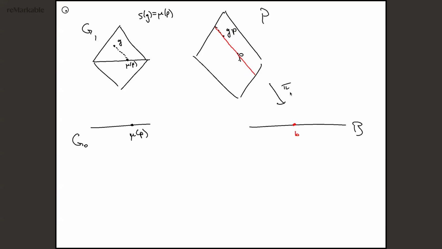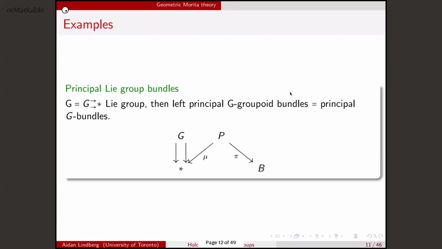And what this principality condition is saying is that I can get anything in this fiber from a unique thing in this fiber over here. So it's saying that I can identify this red fiber in P with this red fiber in the space of arrows, G. Okay. So the example that we're probably familiar with is principal Lie group bundles.